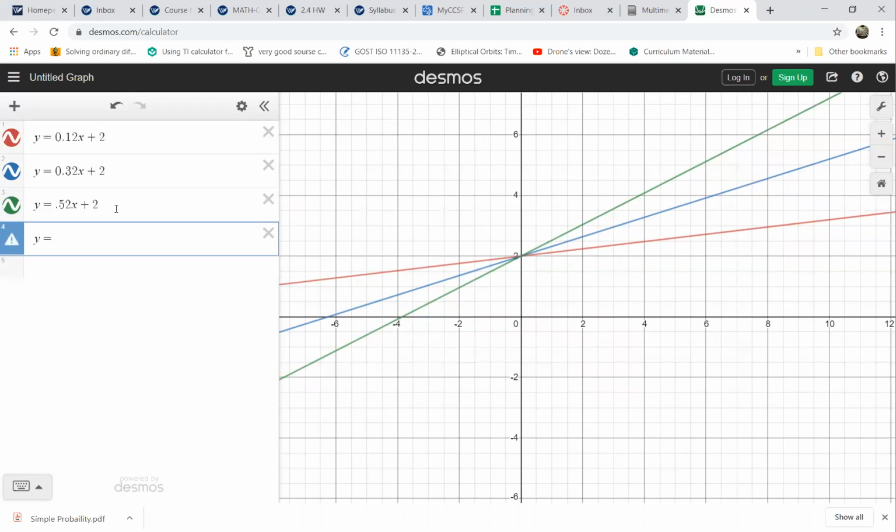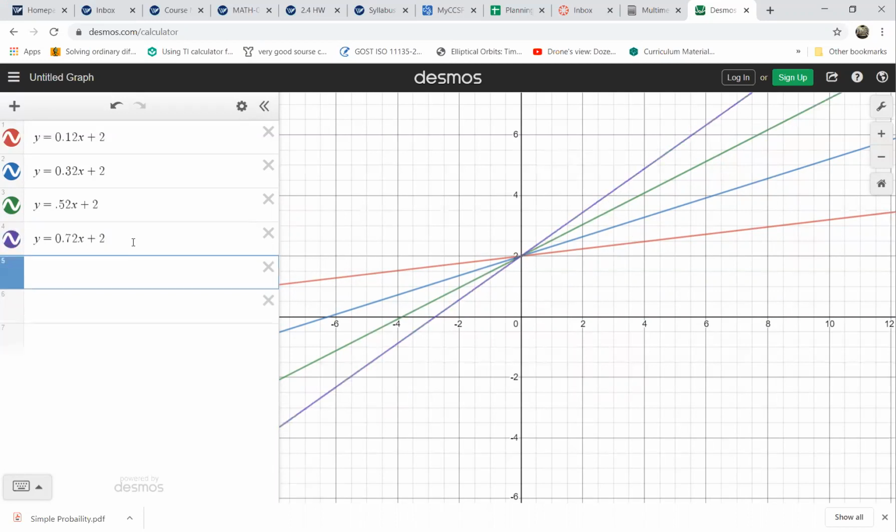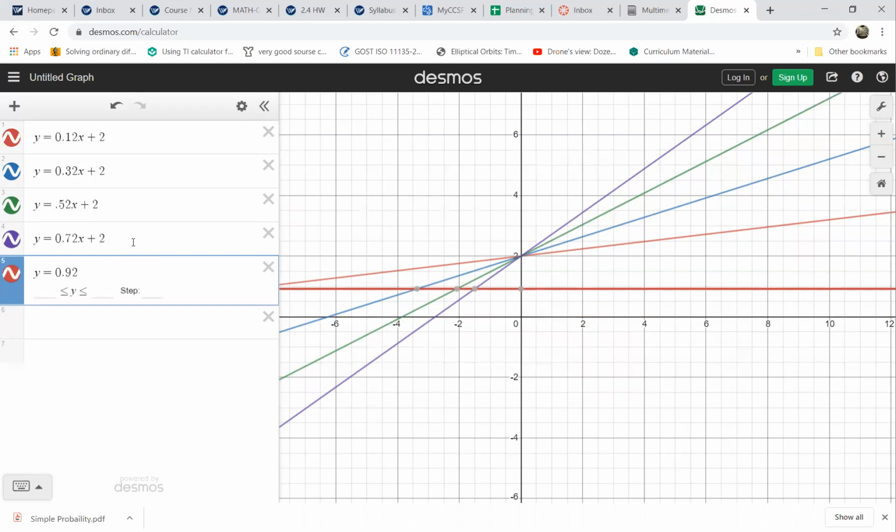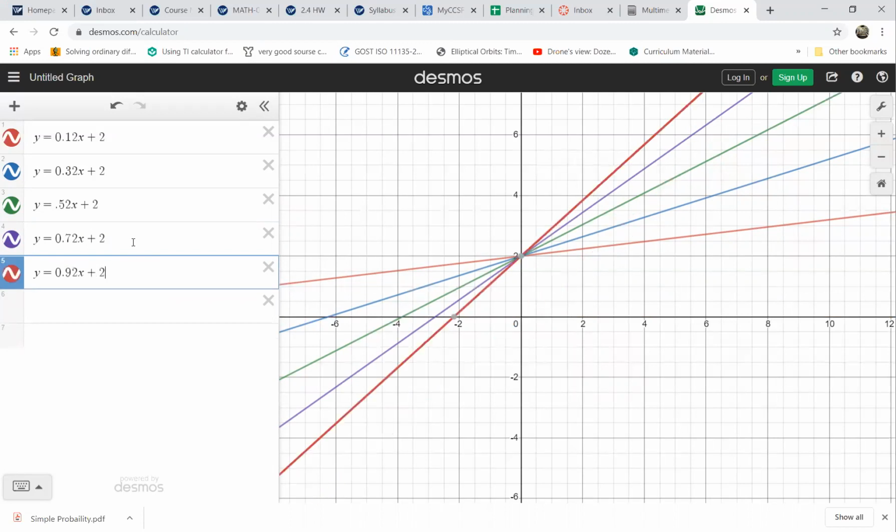Another line for you, 0.72x plus 2. Very well. Next line, y equals 0.92x plus 2. As you can see, 0.92 is very close to 1.